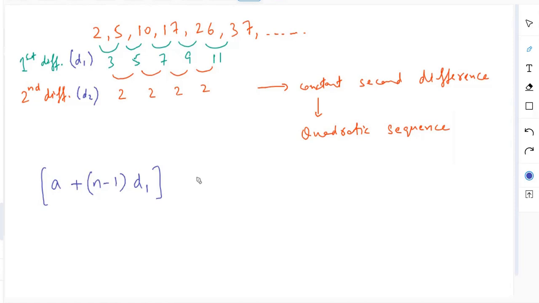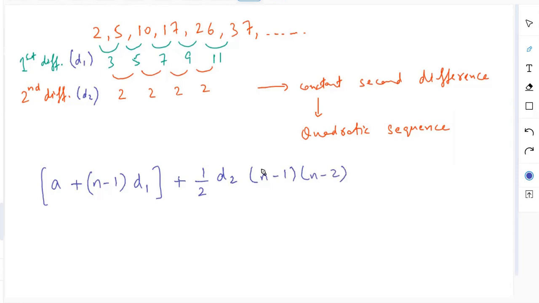After that, we add something to it, and that's 1/2 into d2: the second difference multiplied by 1 over 2, multiplied by n minus 1 into n minus 2. Now that's fairly complicated.